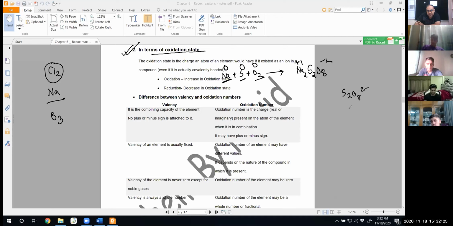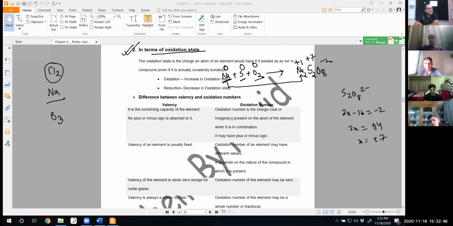S2O8 2 minus: twice x minus 16 equals -2, twice x equals +14, x equals +7. So +7. So sodium is changing from 0 to +1.